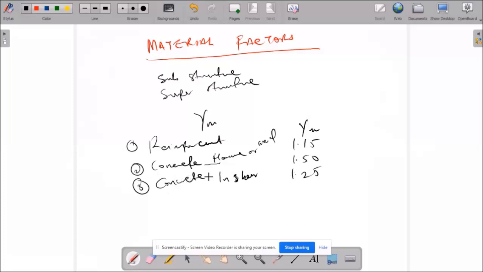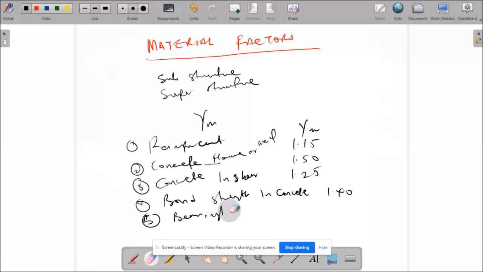Then for bond strength in concrete, we use 1.40. Then for bearing stress, which is the fifth one, we use 1.50 as our material factor.